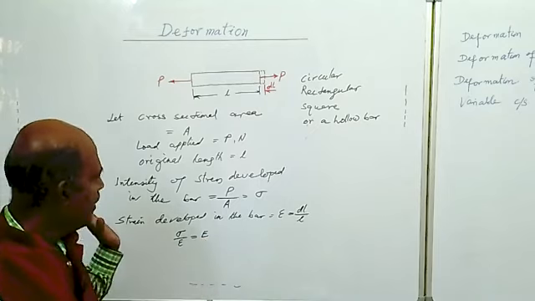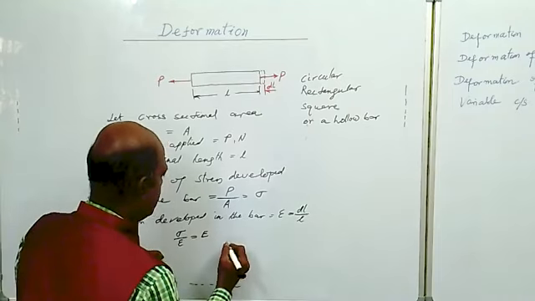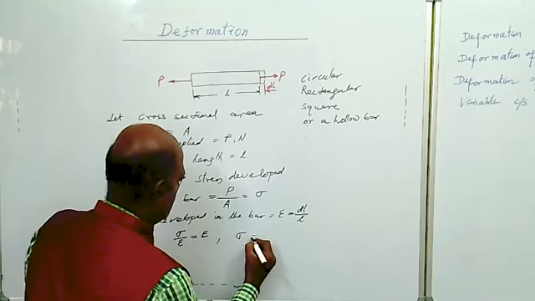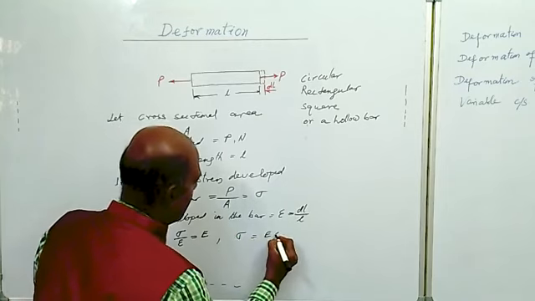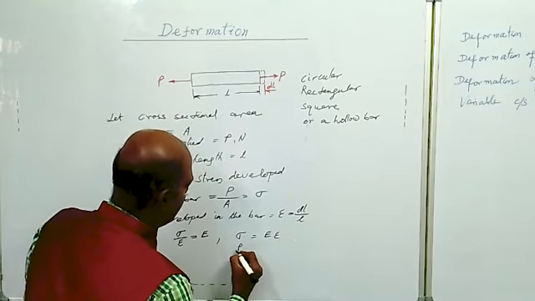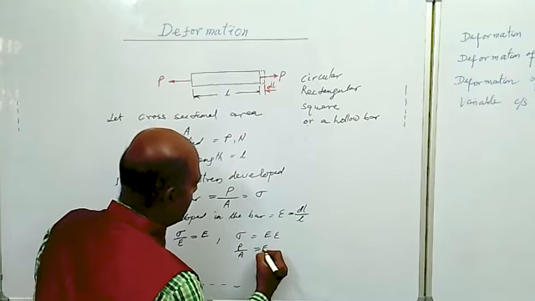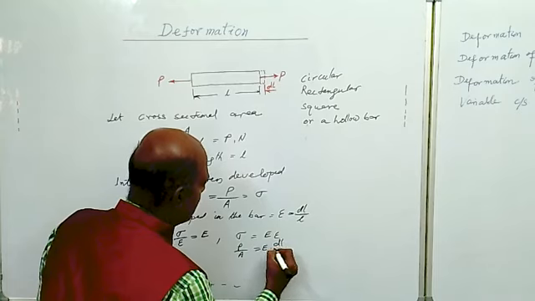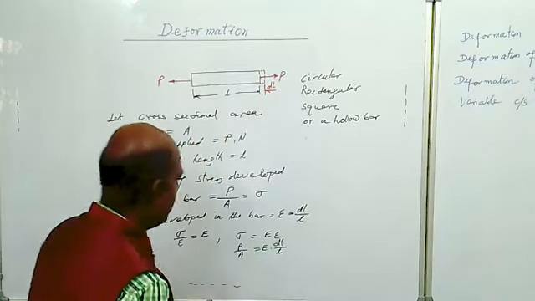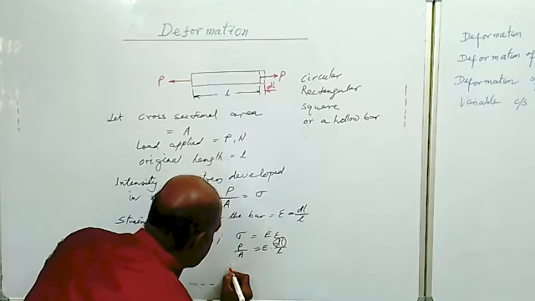So sigma by epsilon is equal to E, or we can write sigma is equal to E into epsilon, or sigma is equal to P by A is equal to E, a constant, into epsilon, which is equal to dl by L. So from here we can find dl.